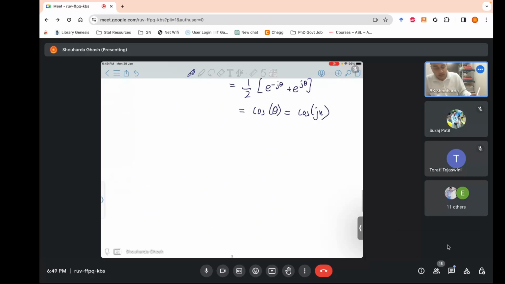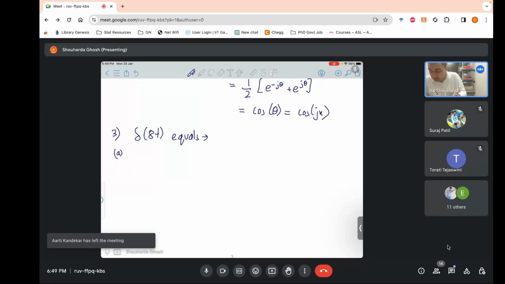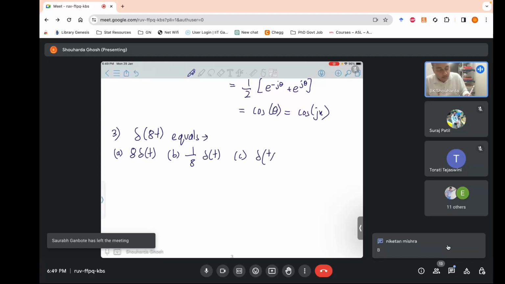Now our third question that was provided was delta 8t equals, okay, the options were A 8 delta t, B 1 upon 8 delta t, C delta t upon 8, D delta upon t.